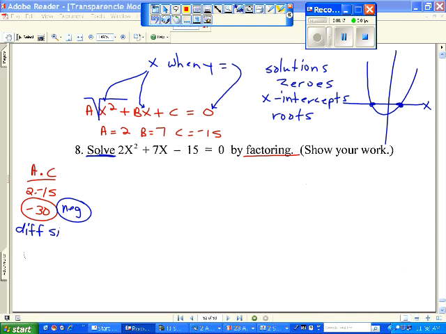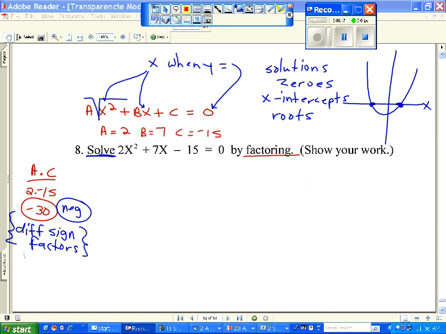So I need different sign factors, and that's important to write down, I believe, because it helps us get our sign rule sentence right in a minute. We have to get a proper sign rule sentence, or we'll make mistakes in factoring.